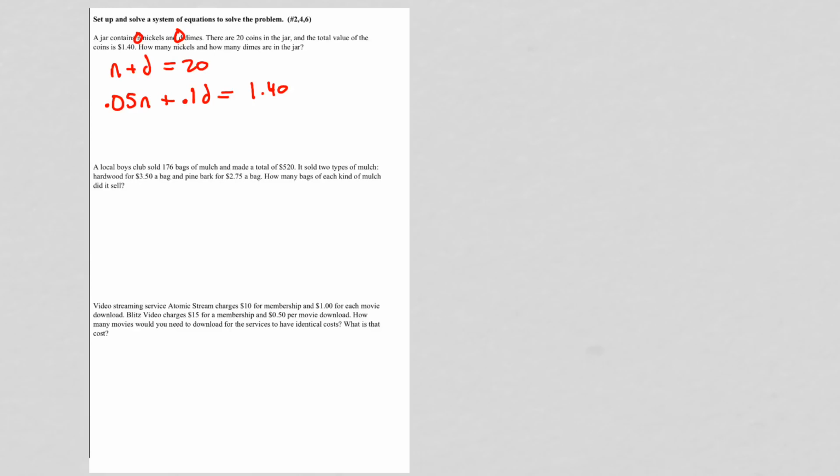So I'm going to show you how to solve this the substitution way. And if I do that, I'm going to solve for n. You could also solve for d. But basically, if I solve for n, if n plus d is equal to 20, then n is going to be equal to 20 minus d.